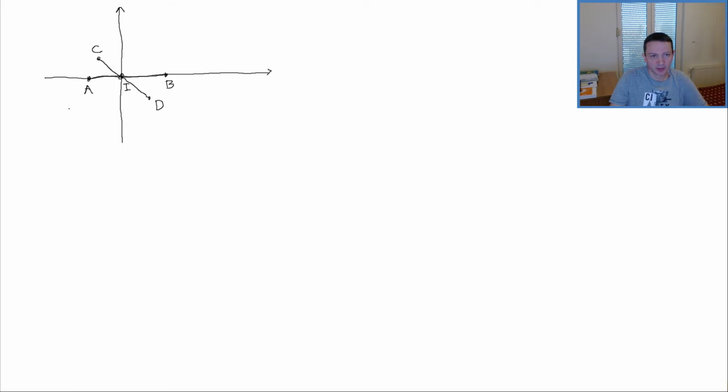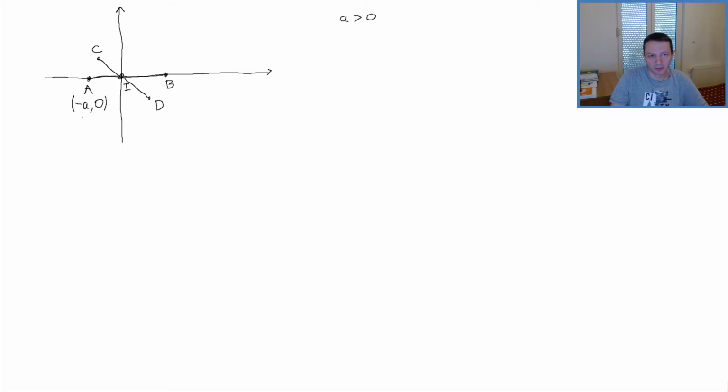So the coordinates of point A will be, I will denote it as minus A, comma 0. So the second coordinate is of course 0, but I choose first one to be minus A in such a way that A will be greater than 0 actually.